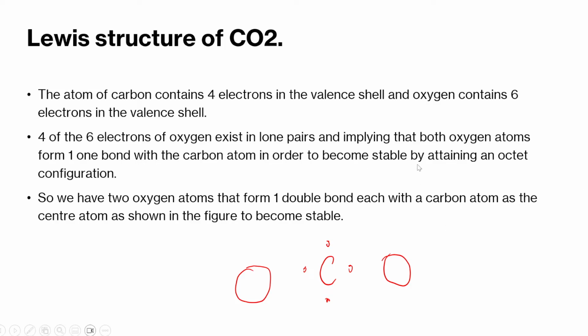Looking at something like this, oxygen has six valence electrons. Therefore, we're going to be constructing that around it. So one, two, three, four, five, six. So six valence electrons around oxygen. So that's what we're going to do first.